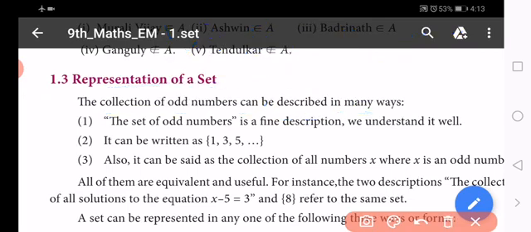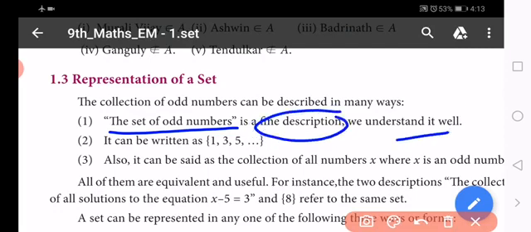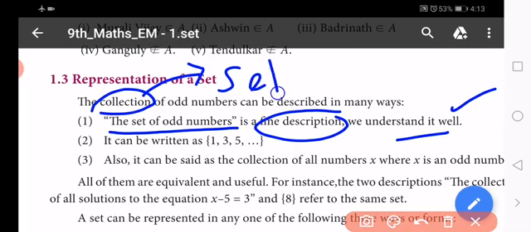The first way, the set of odd numbers, is a fine description. We understand it well. The set of odd numbers. So we omit the word collection. For this word, we use another word, that is set, because this is the representation of a set.